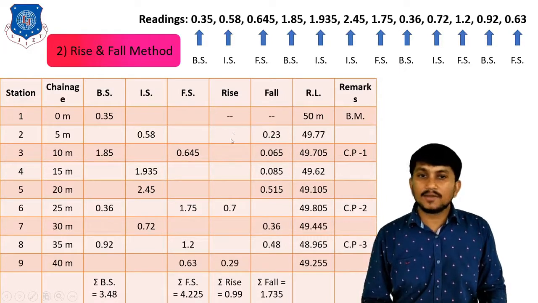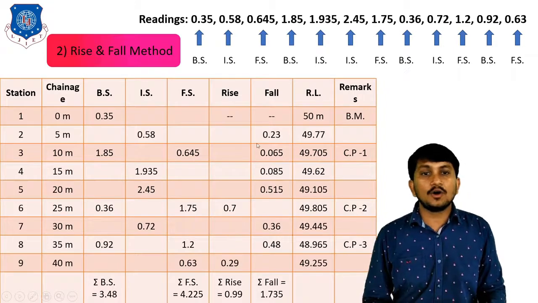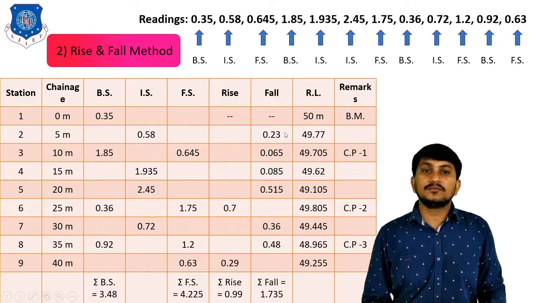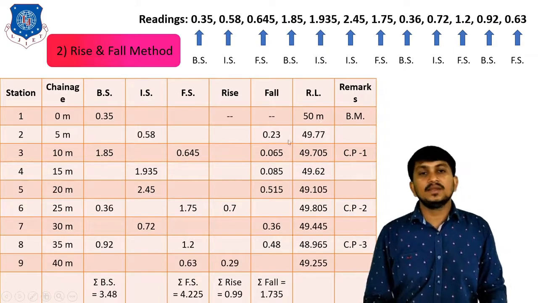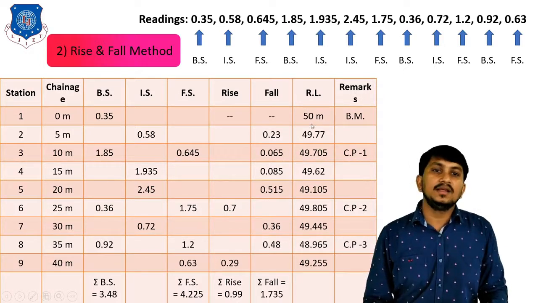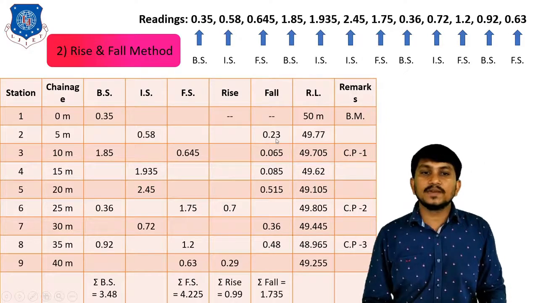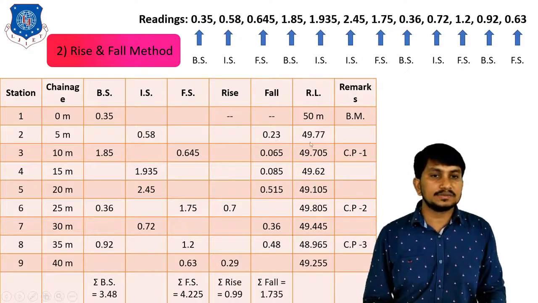If there is a rise, we have to add the value to preceding RL. If there is a fall, we have to deduct the fall value from preceding RL. Here there is a fall, so we have to deduct this value from preceding RL. So preceding RL is 50 meter. 50 meter minus 0.23 gives 49.77.